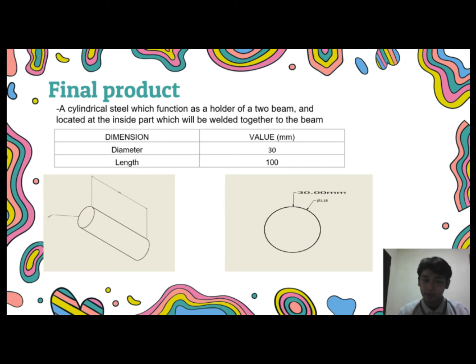As for our final product, which is a cylindrical steel that functions as a holder of a tool beam, located inside part of the beam, the dimension is 30 mm in diameter and 100 mm in length.